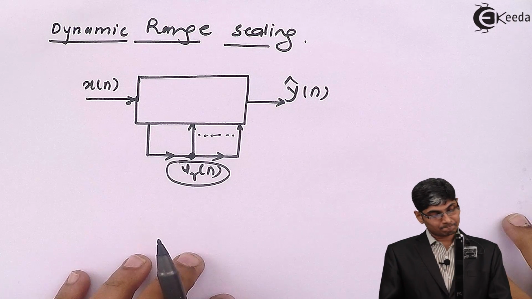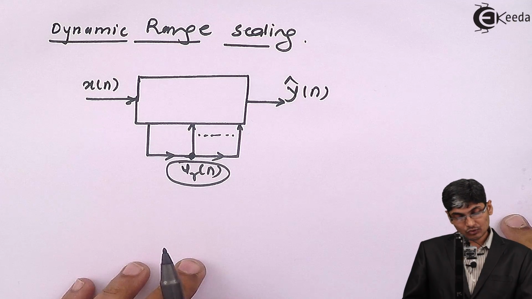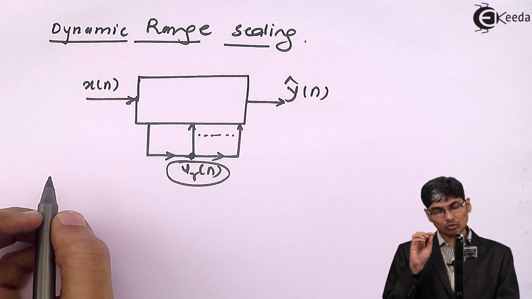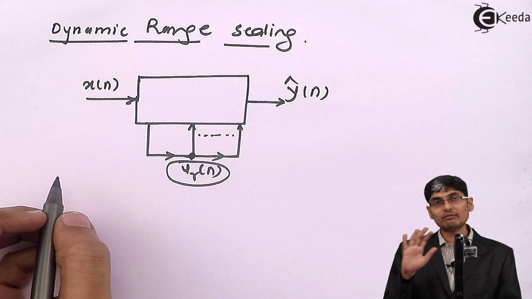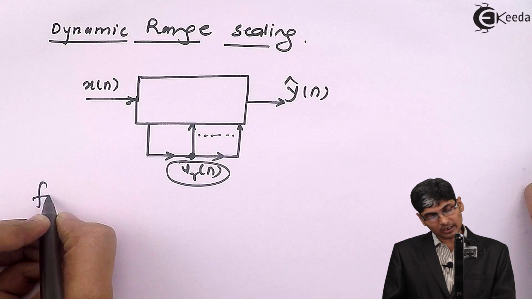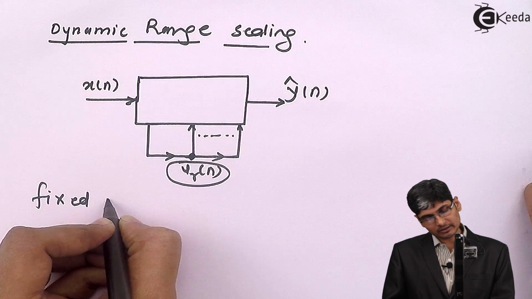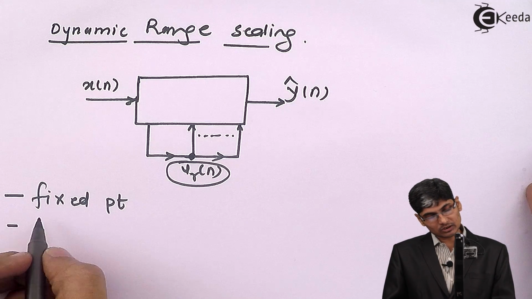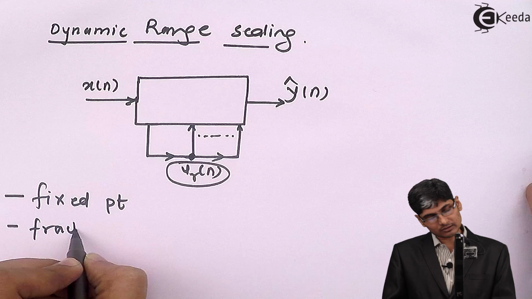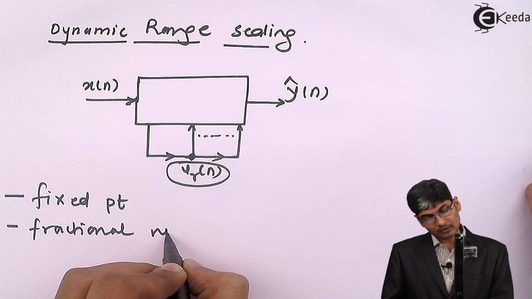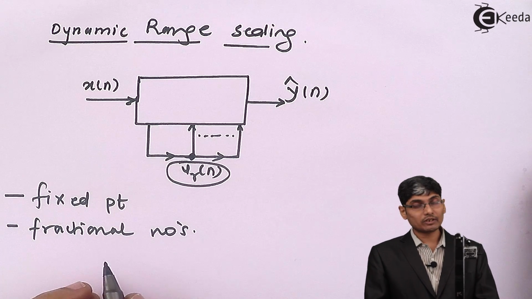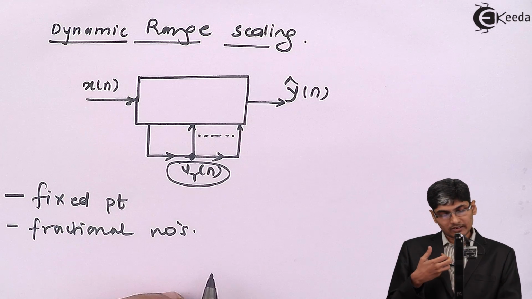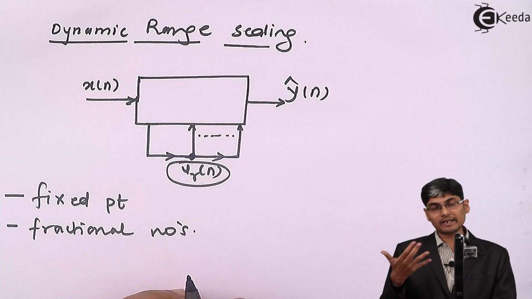Let us assume that at the input and at all the nodal points we are getting fixed point numbers. So the number system we are using is fixed point arithmetic. The second assumption is that they are all fractional numbers, so they will always have the format 0 point some binary number.